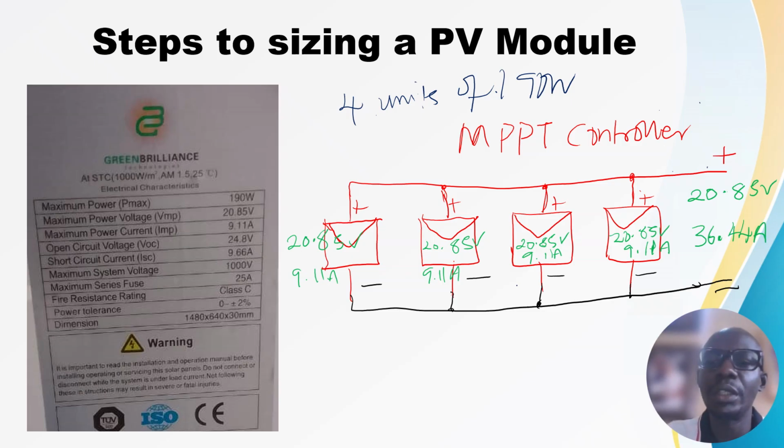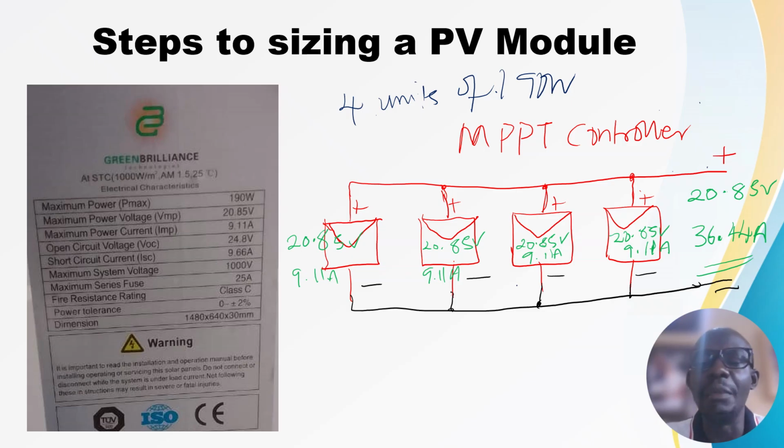That would be the output if you connect in parallel. When you connect in parallel, the voltage remains the same, but the currents are added up.